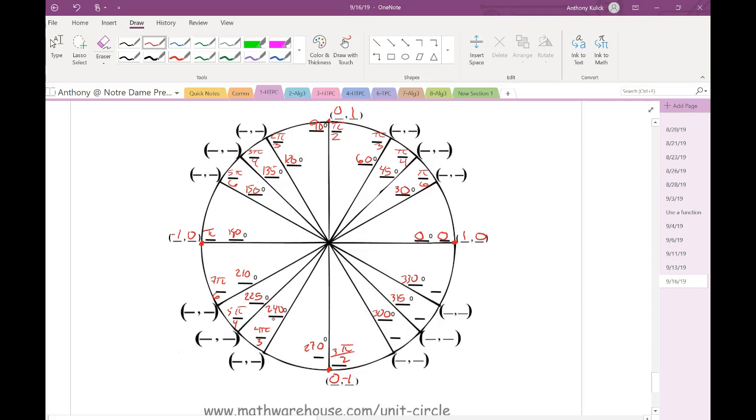Okay. All right. Continuing on. We have here then, let's see, so that's 6 over 6. That is 9 over 6. So this is 5 pi over 3.